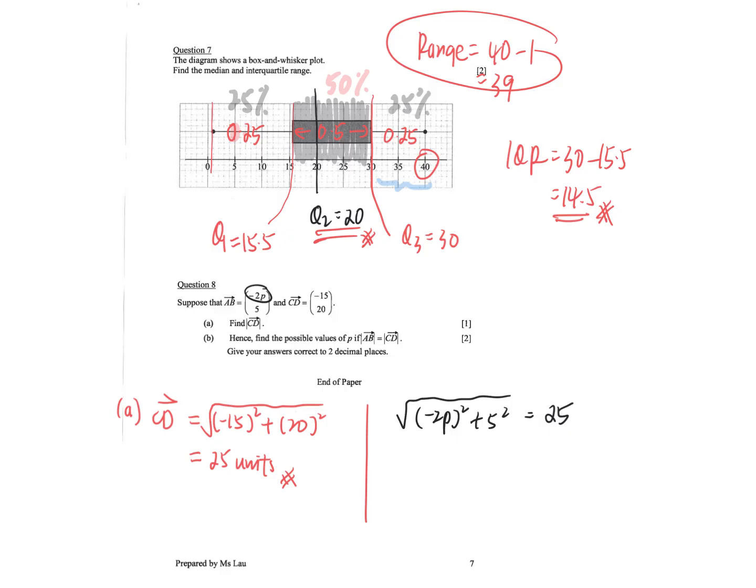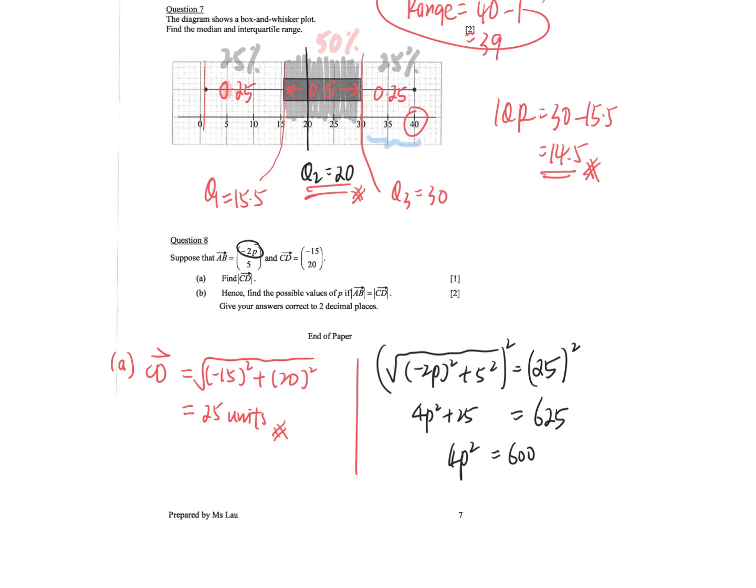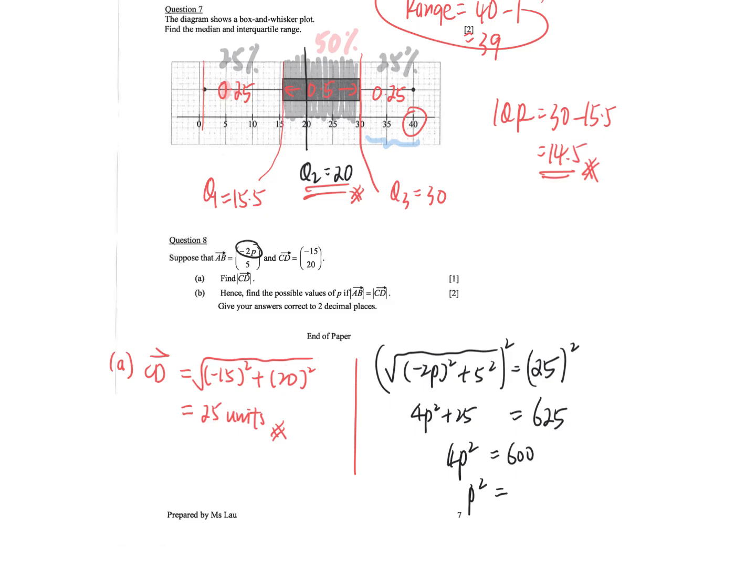So you just square both sides so that the square root disappears. Then you end up with 600, so p square is 450. Take a square root, 2 answers. One is 12.25 to 2 dp, the other is minus 12.25 to 2 dp.